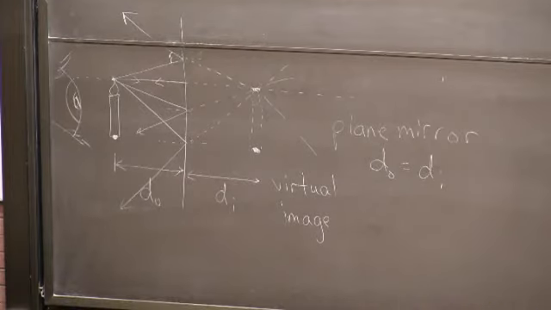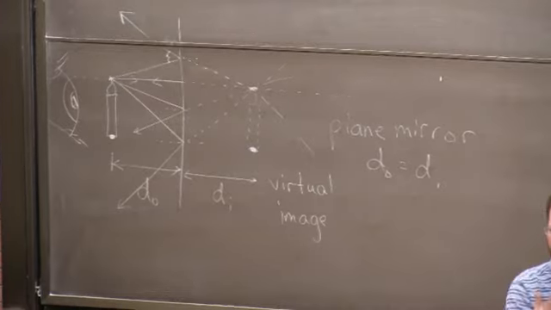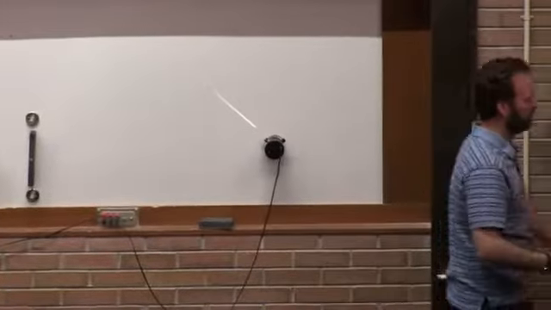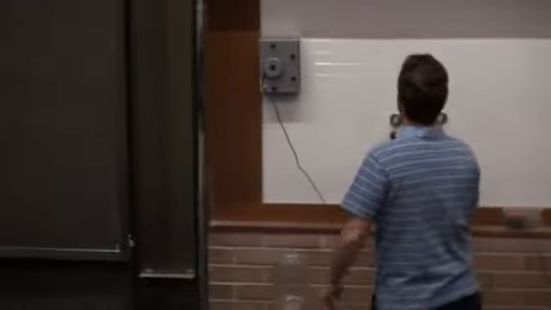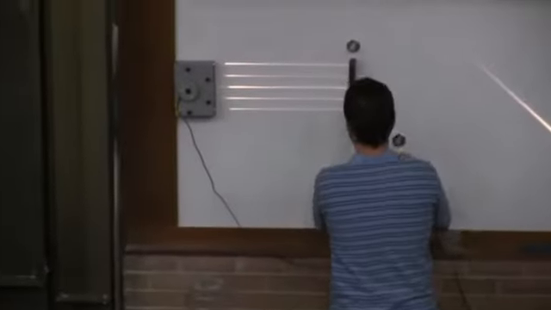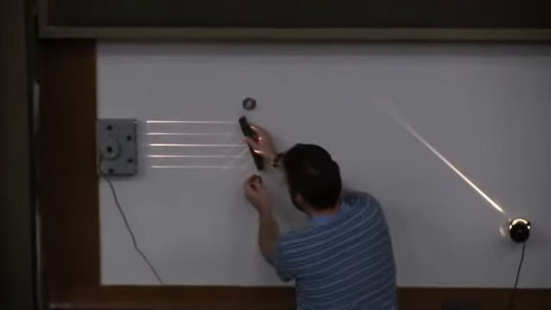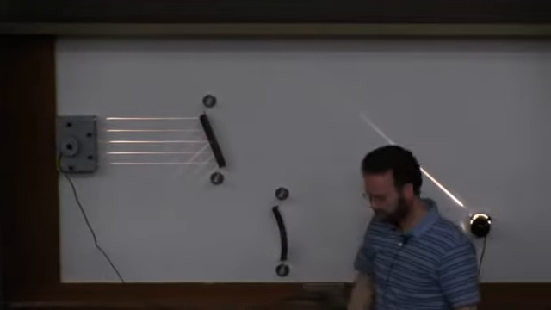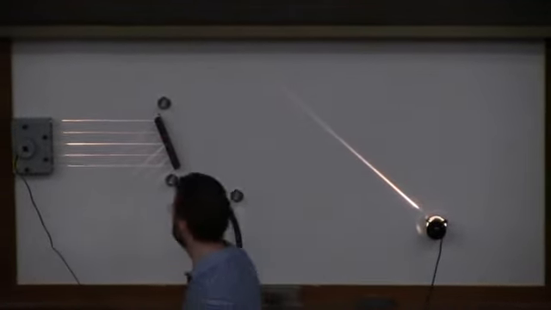Now, I saw Rachel go like this. A lot of people think mirrors flip the image. I want to show you how that works. Here's a plane mirror. And let's label some of these.